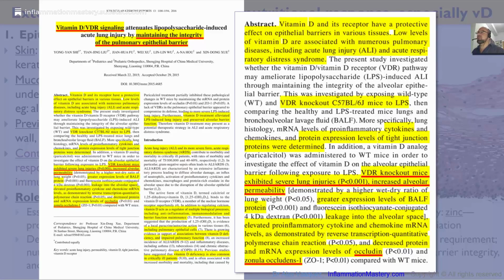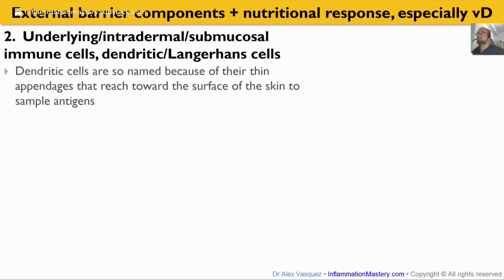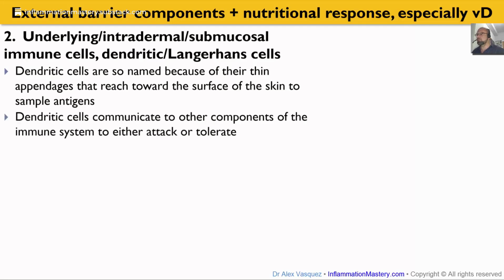So now let's look at another component, which is the underlying or intradermal or submucosal immune cells, especially dendritic or Langerhans cells. Dendritic cells are so named because of their thin appendages which reach toward the surface of the skin or the mucosa to sample antigens.